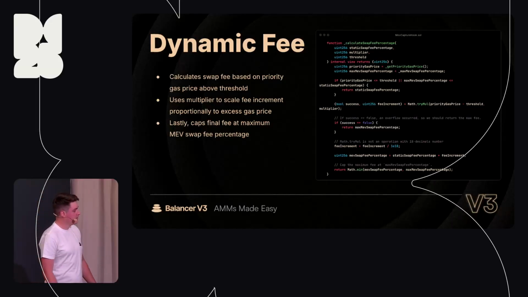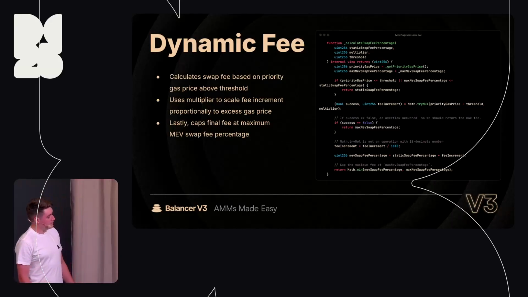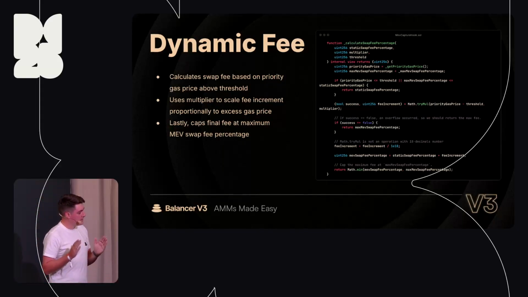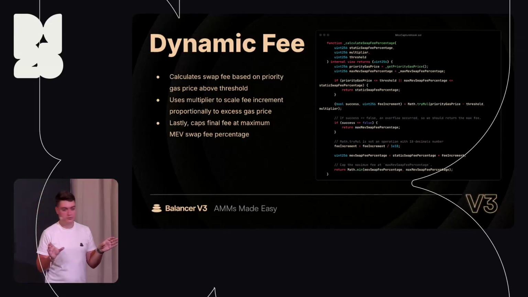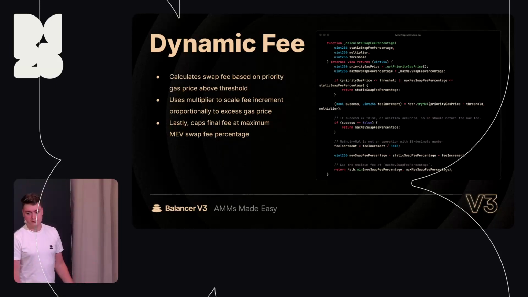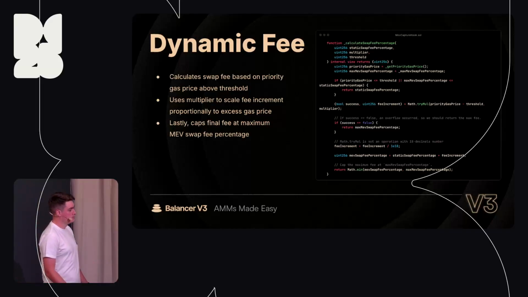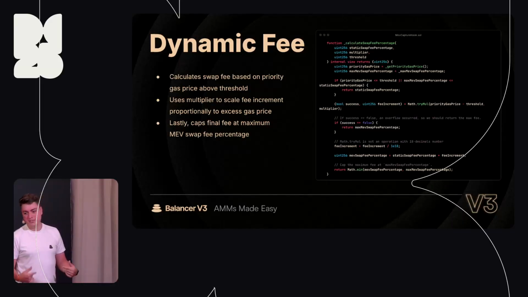There's nothing to be done. But if it's above the threshold, then we take the difference between the priority fee gas price paid by the user and the threshold, and we multiply that by the multiplier. That's how we get the fee increment.